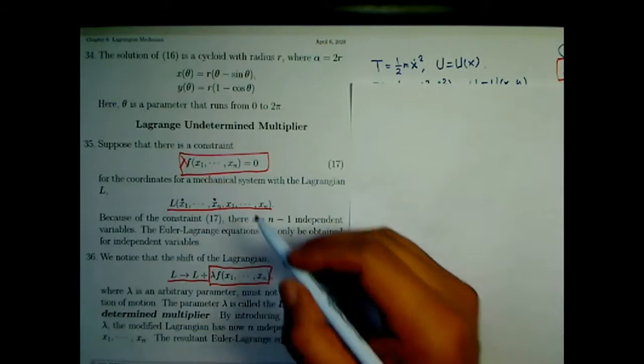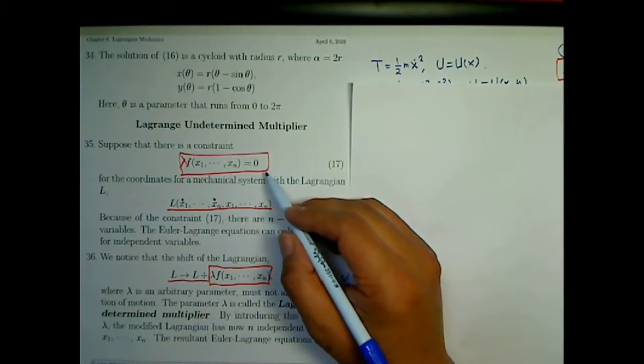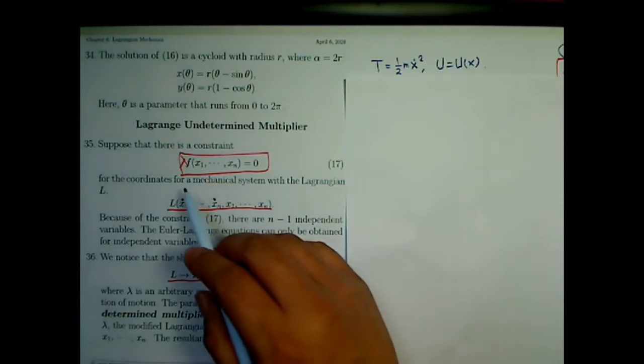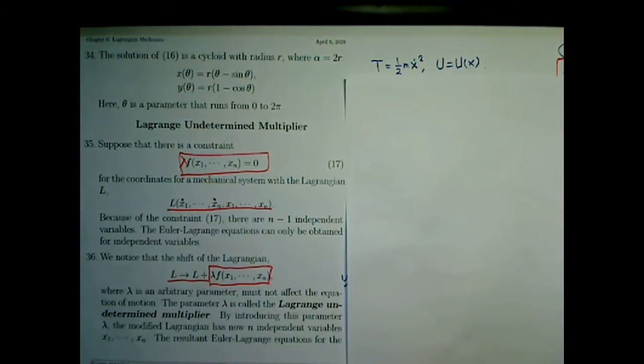However, in case we have some constraint among these particles or positions, mechanical variables, the number of independent variables is not n, but n minus 1.